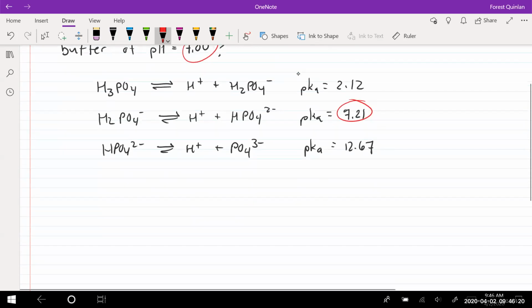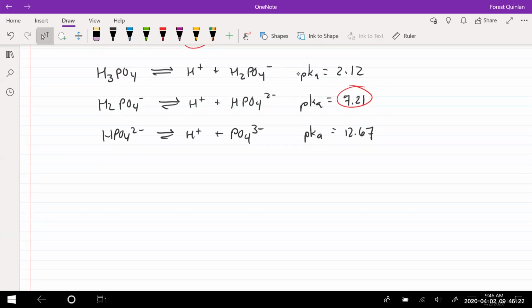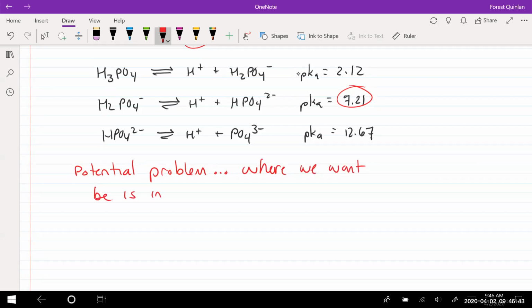Hearing nothing from Dallas, who doesn't see my potential pitfall, I'm going to say potential problem. Where we want to be is in region 2.